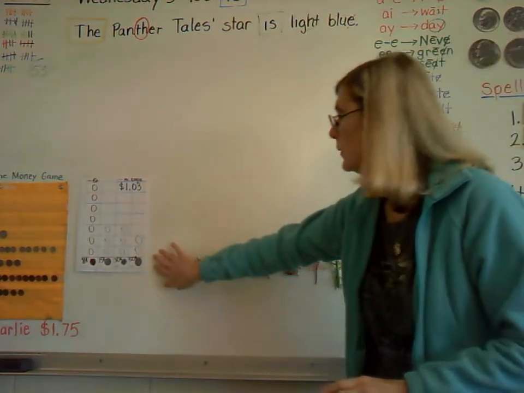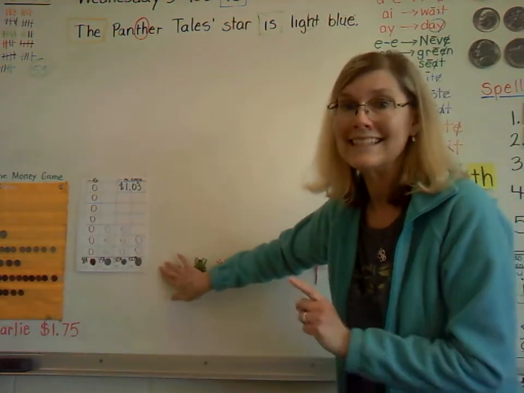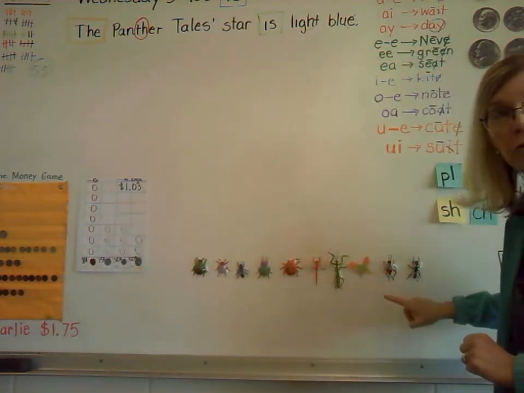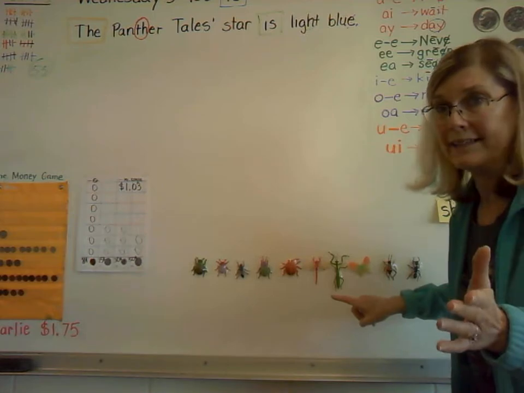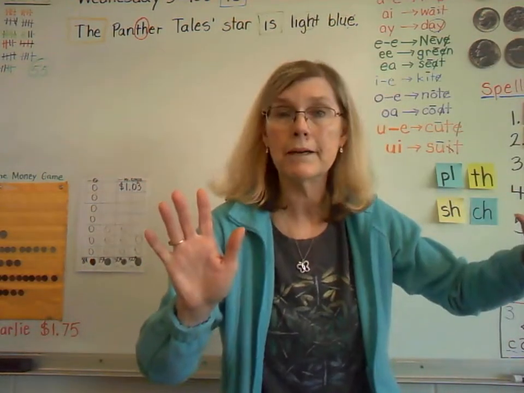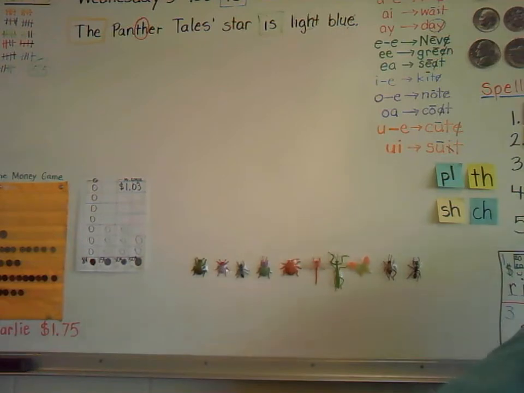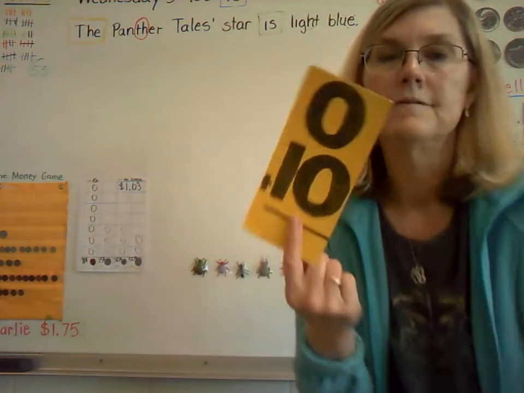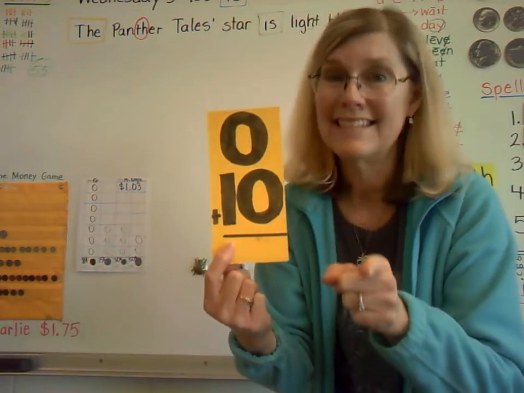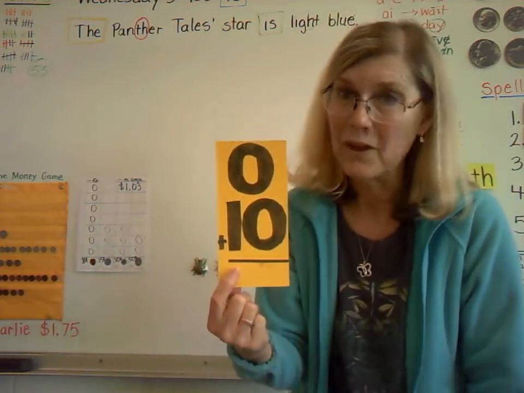So we have, you can really see over here, let's call it 0 insects there, plus how many over here? Right, 10. So our first equation, oh dear, let me grab my cards, is 0 plus 10 equals 10. Yes, boys and girls, welcome to the 10 equations family.